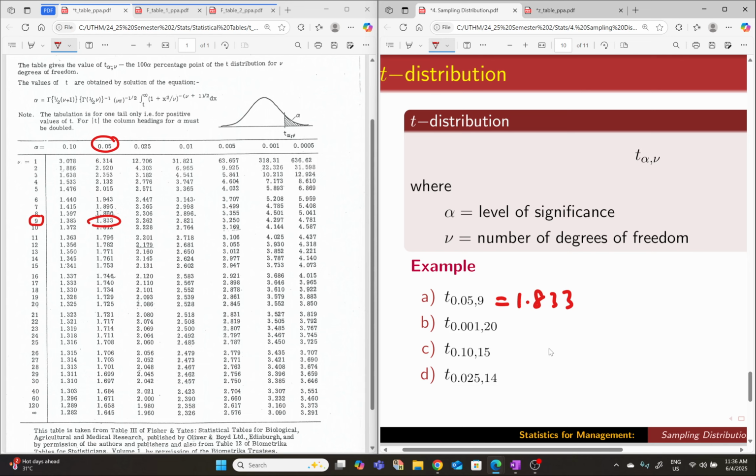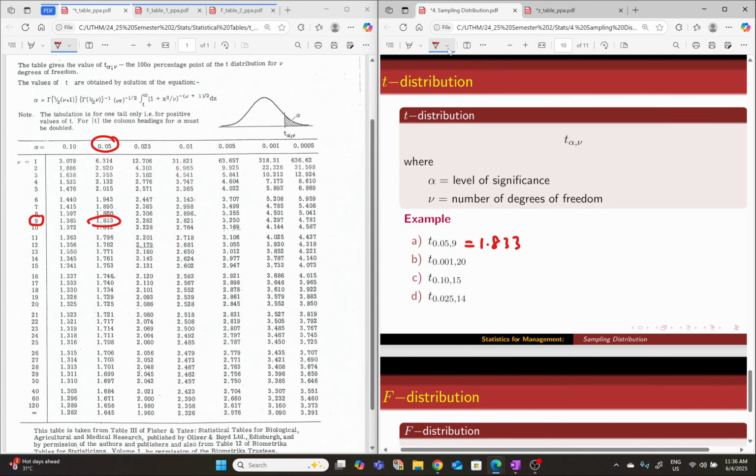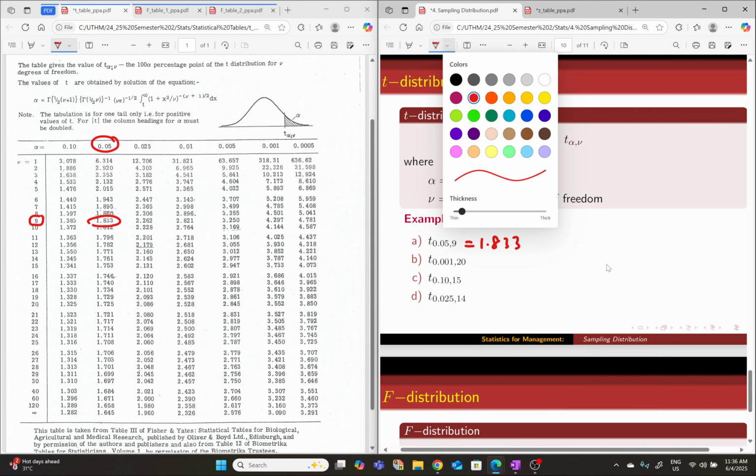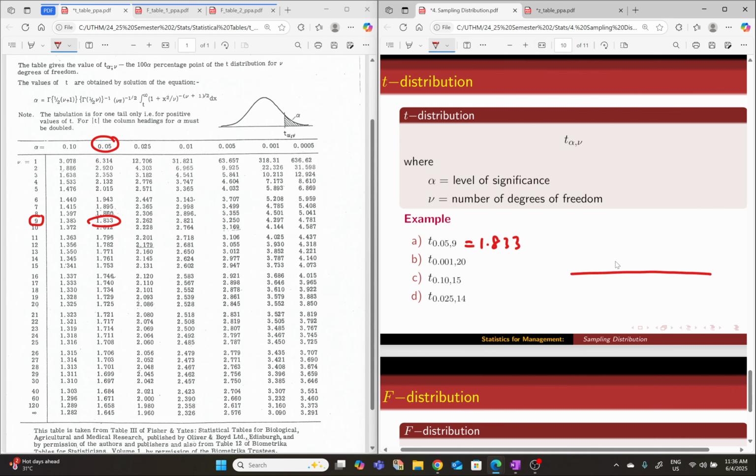Okay, see, this is something like a normal distribution. The graph is still like this. The number here is T. Later we will compute this, but we want this shaded part, the area.